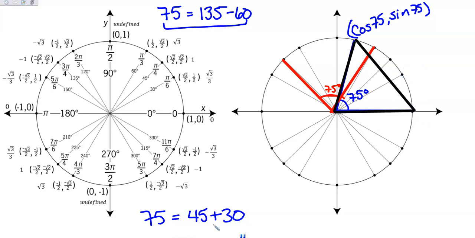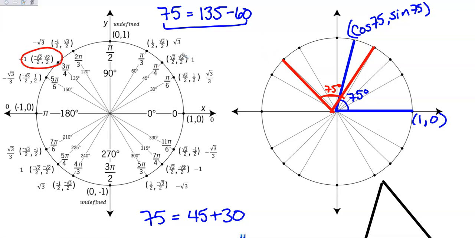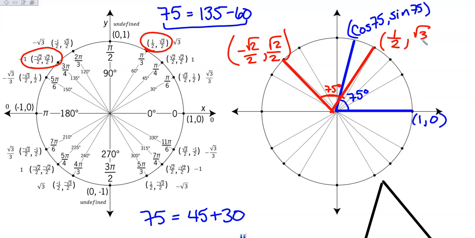For the blue triangle here, this point is (1, 0). For my red one here, this point is negative square root of 2 over 2, square root of 2 over 2. And over here, it's this coordinate with 1/2 and square root of 3 over 2.